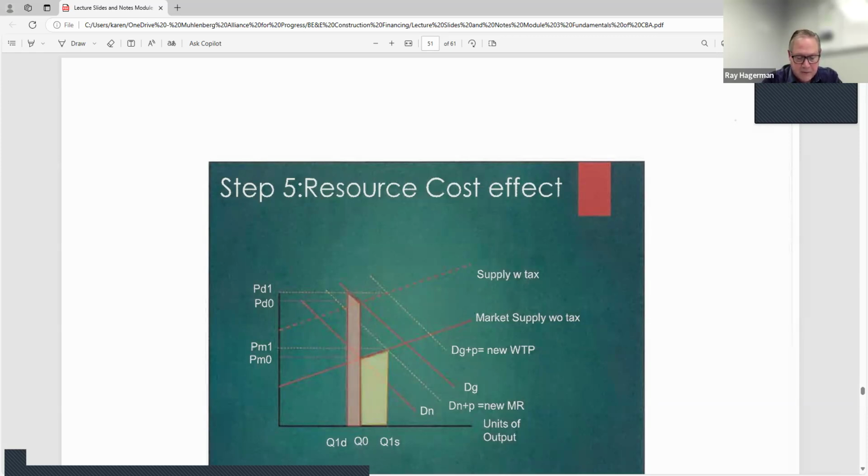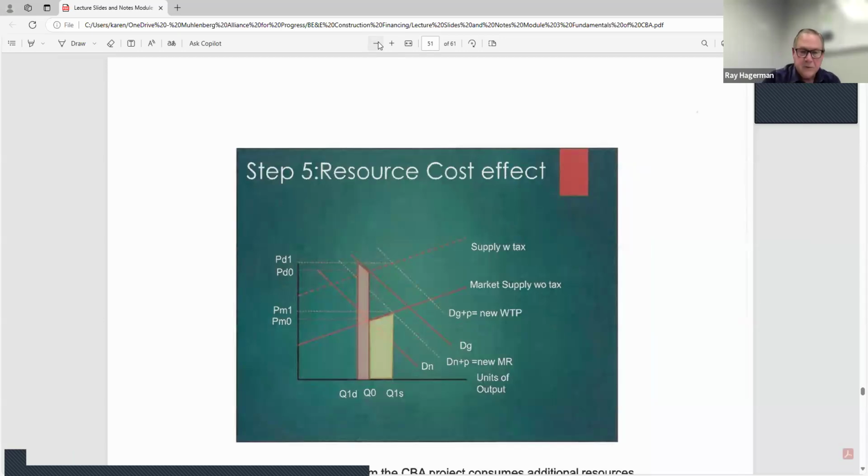The marginal cost curve is the without-tax supply curve, okay? So the quantity of resources consumed by the CBA project consists of this quantity between Q1S and Q0. So this yellow shaded area is the resource cost effect.